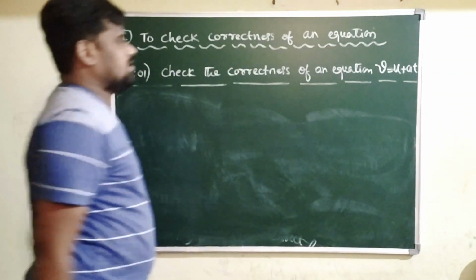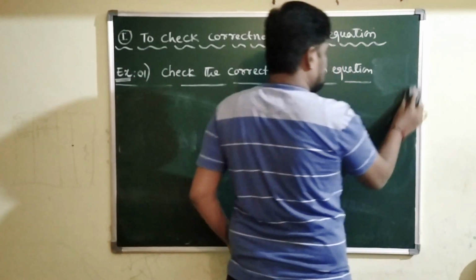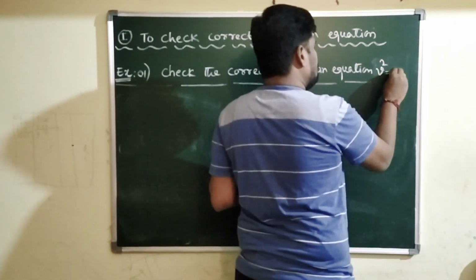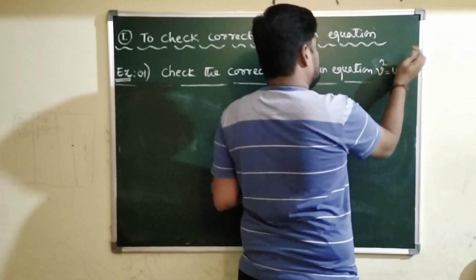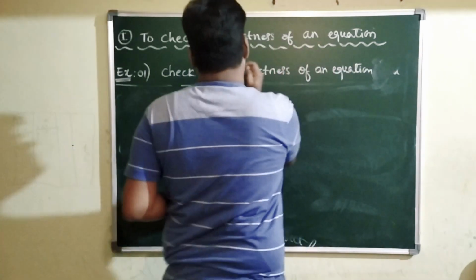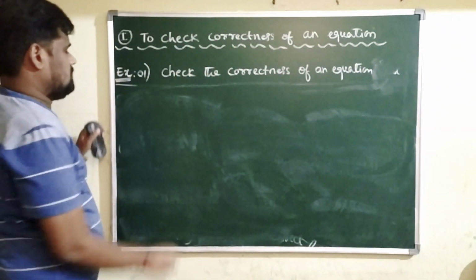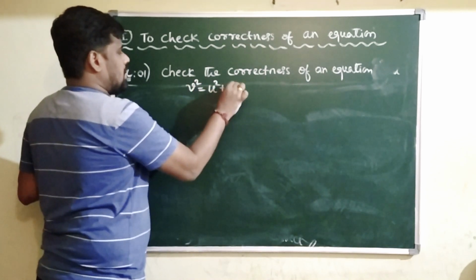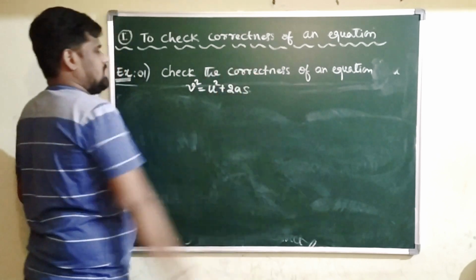Check the correctness of an equation: v square equals u square plus 2as.